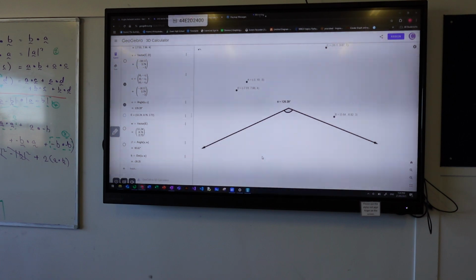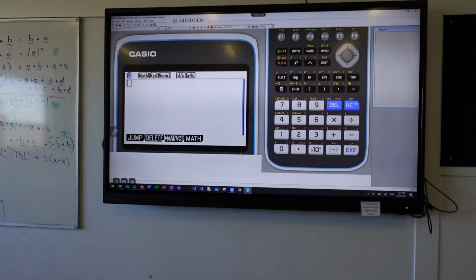Now, to be able to do this in our calculator, we go to options, and it's just the angle function over here. It's the same application as the dot product, you just put it in with a comma in between. I don't think we need to do one of these, because if you can do the dot product, then you can find the angle. Are we happy with that?